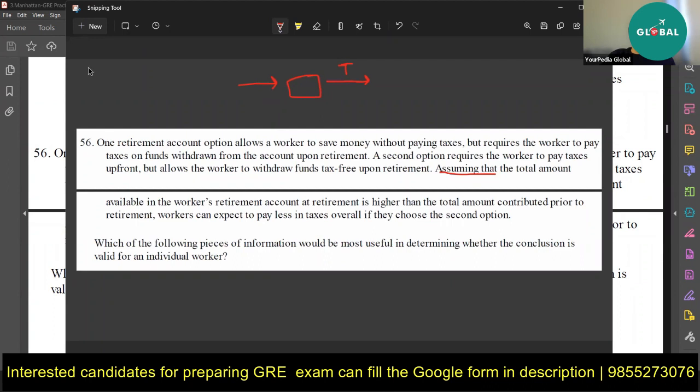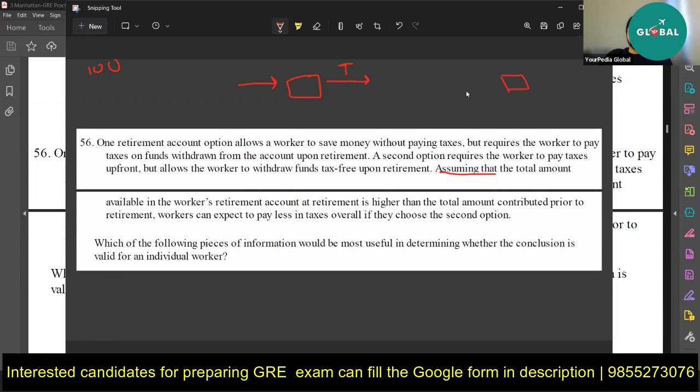For example, if I am putting 100 rupees per month for, let us say, 10 years, and it is tax free initially, then when I take this money out after 10 years, it will be around 12,000, I would say. I have to pay taxes on that 12,000, not initially on 100. This is the first scheme.